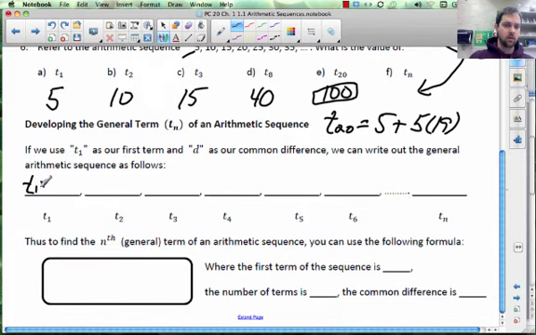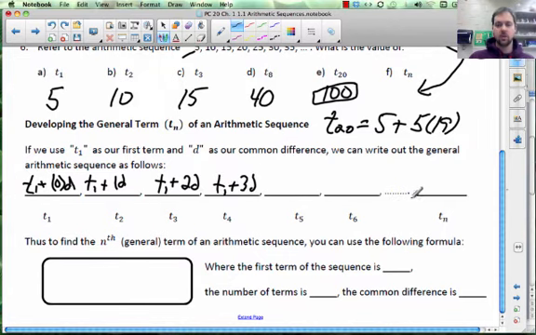T1 plus 0 times D. T1 plus 1 times D. T1 plus 2 times D. T1 plus 3 times D. Okay, this will continue all the way up to here until we get T1 plus n minus 1 times D, where again, T1 is your first term, D is your common difference.